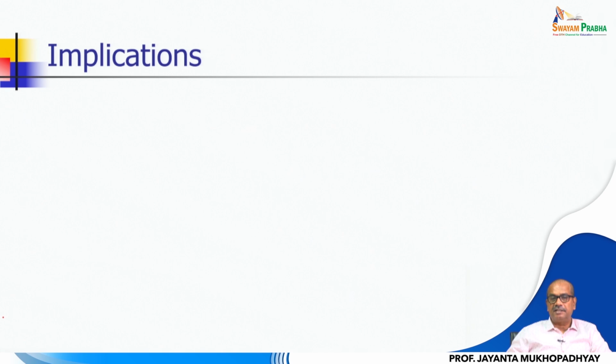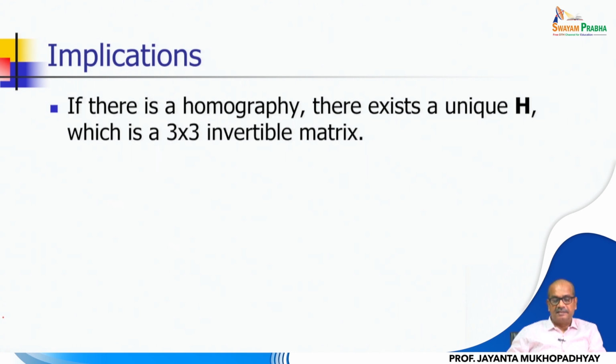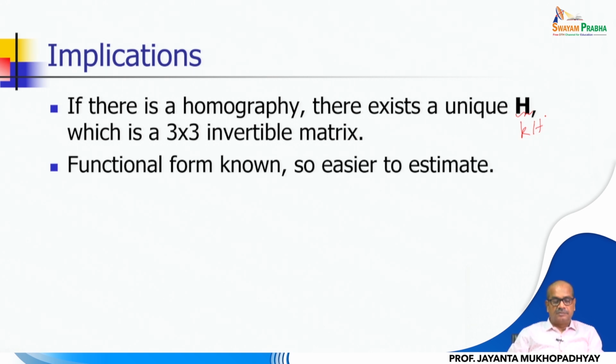So what are the implications of this? As I mentioned, if there is a homography, there exists a unique H which is a 3 cross 3 invertible matrix. Now this uniqueness should be taken with a pinch of salt, because you know that H and KH are equivalent, so it is unique up to scale. Since the functional form is known, it is easier to estimate.